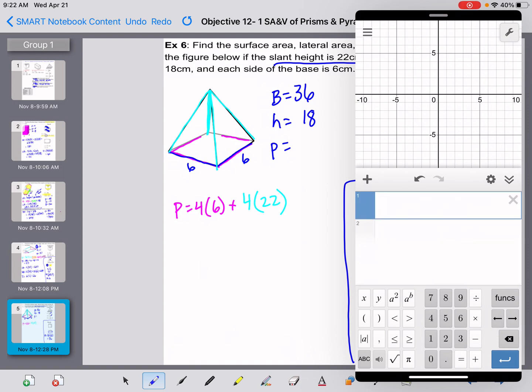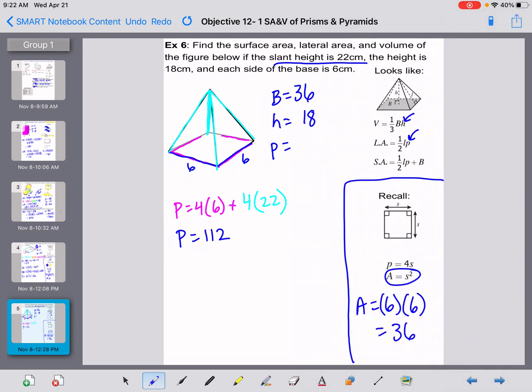So 4 times 6 plus 4 times 22 is 112. So now we've got perimeter is 112.